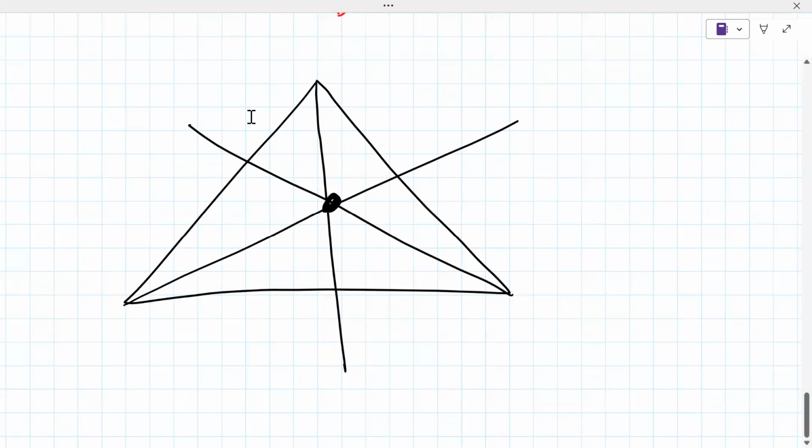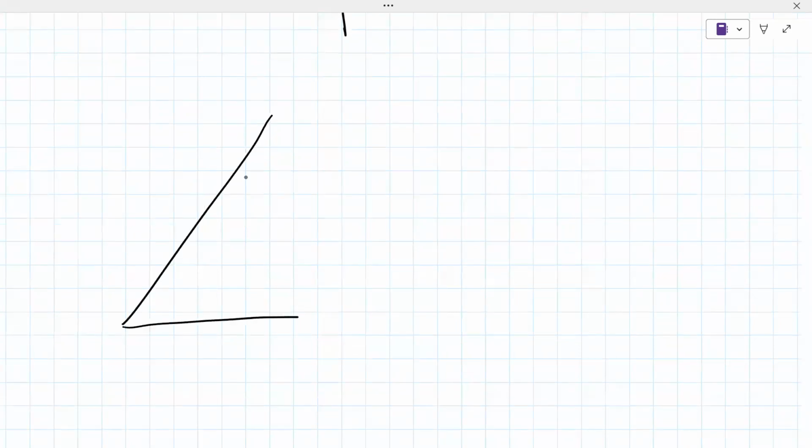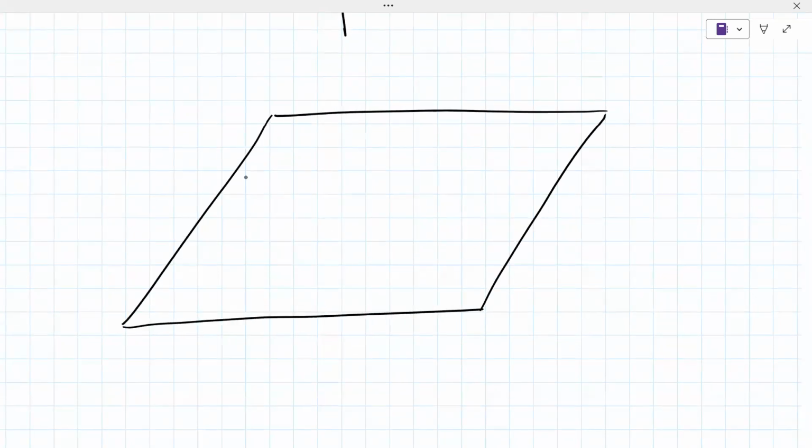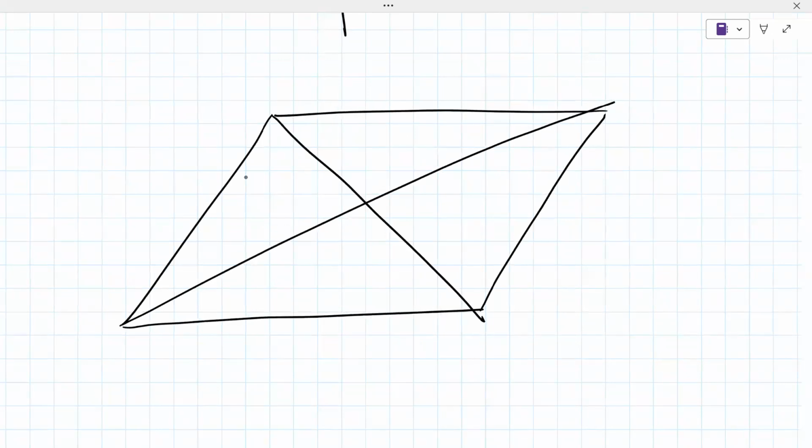So that's one application of it. Another is if they give you a quadrilateral and you bisect it like that, you'll find some things out about these shapes. So it's really important to be able to bisect an angle.